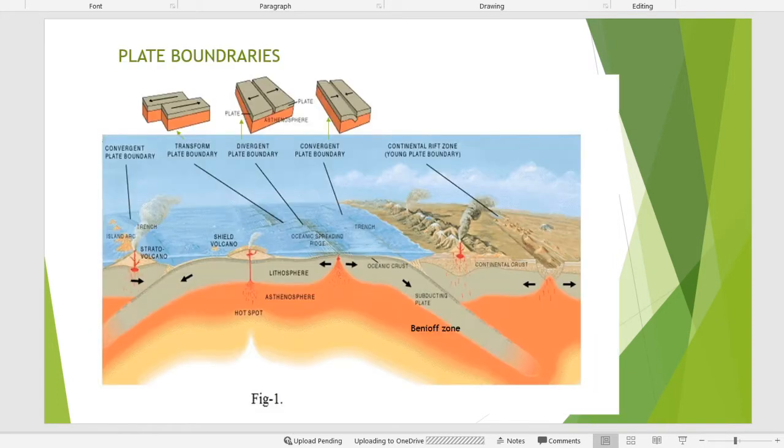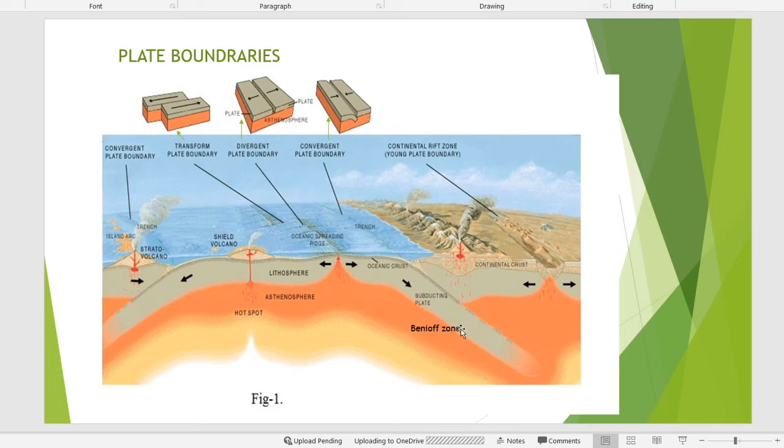Now, when we say plate boundaries, we basically mean three types of plate boundaries. They are this type of boundary where two plates move towards each other, which is called the convergent plate boundary. This is the place where there is a destruction of plate, because one plate subducts under another plate.